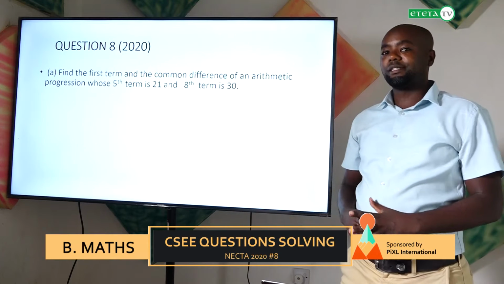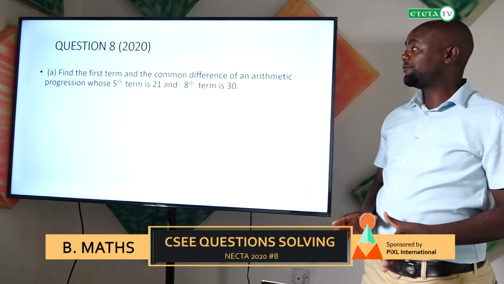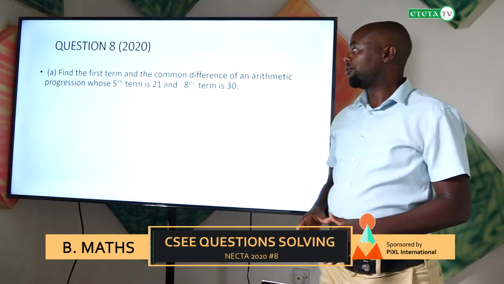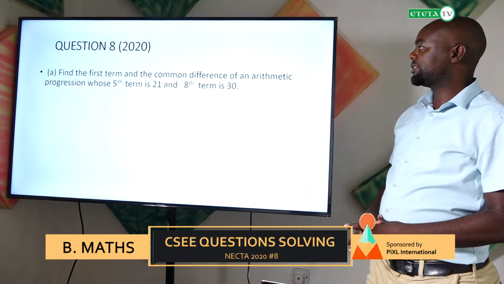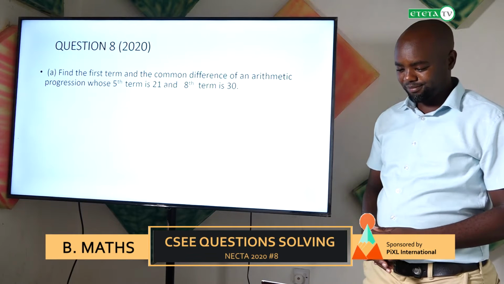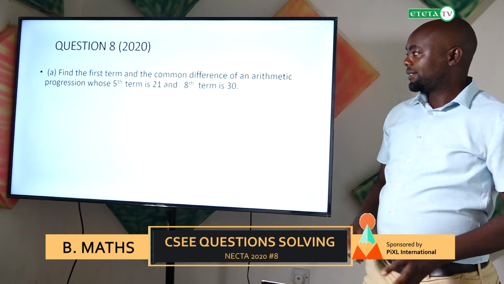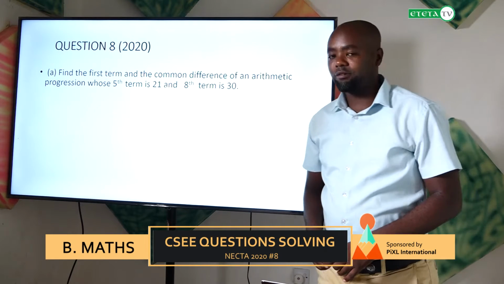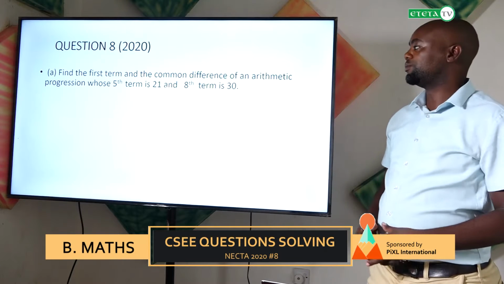When you look at this question, it is from the topic known as sequence and series in Form 3. Let us read together this question in order to understand what we are supposed to do.